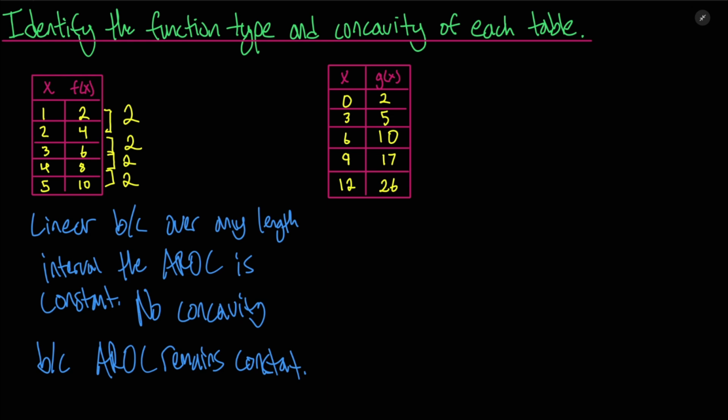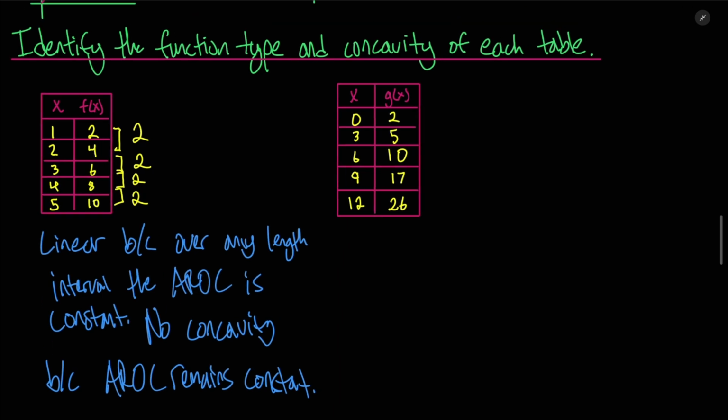Okay, but let's look at what we have in the table. 2 to 5, okay. So that's increasing by 3, right? But how do we determine average rate of change? That's the change in the y values over the change in x's, change in outputs over change in inputs. So the outputs are increasing by 3, and that's also being divided by 3, right? Because change in output is 3 over 3. Okay.